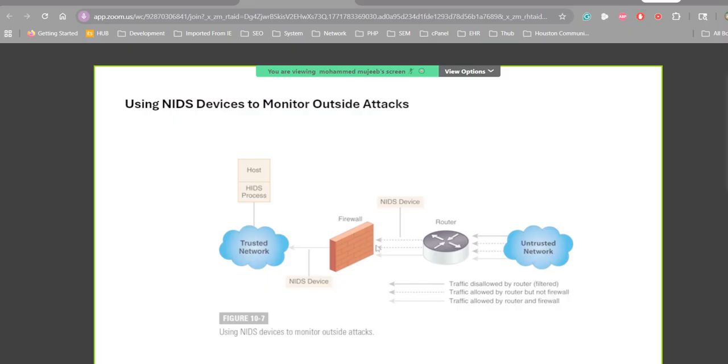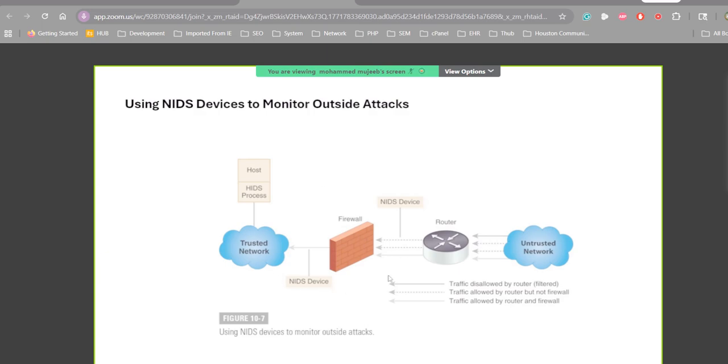If somebody is smart enough to get past the outside device and the firewall, they will be caught in your NIDS, or they can be caught by your HIDS if the attack comes from the host. So this is multi-layer protection you can provide on your systems.